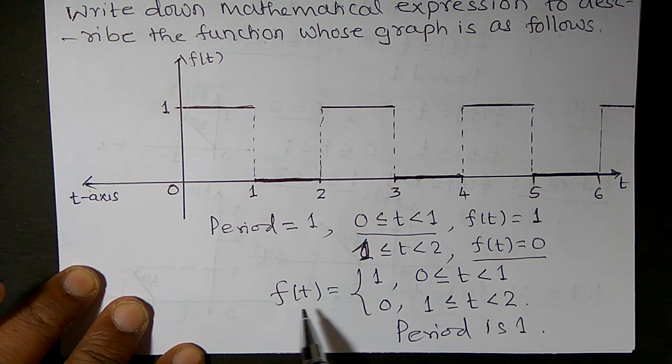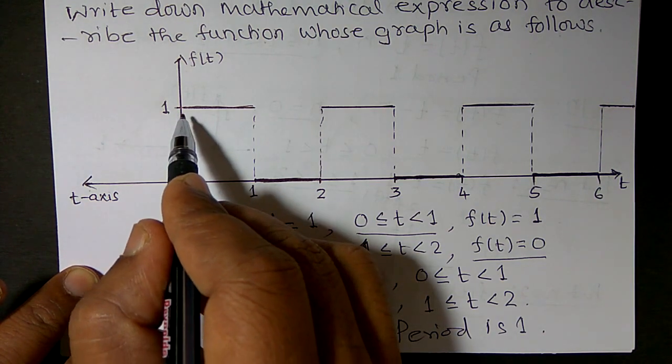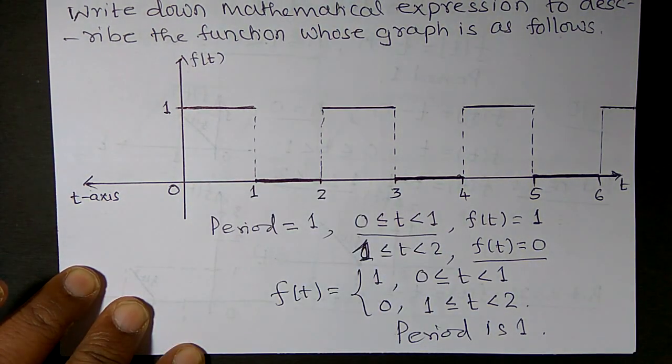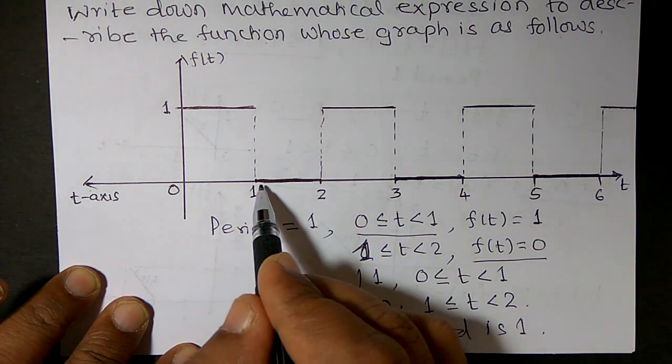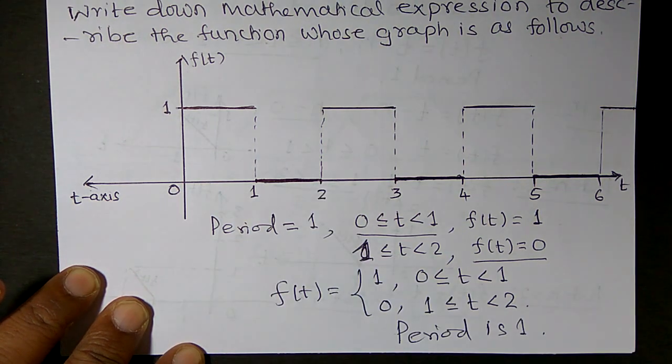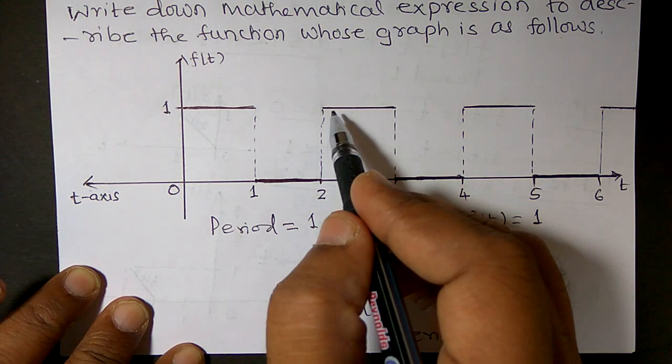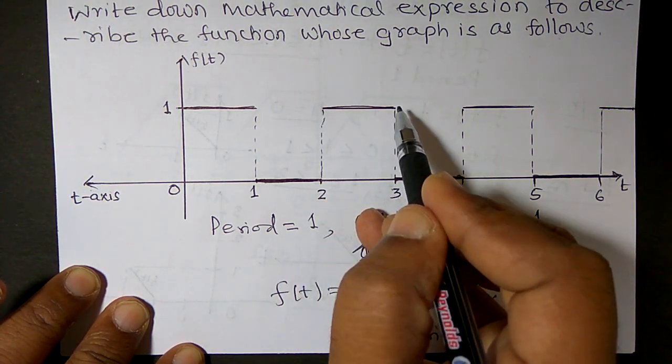So it means you will get 1 in this interval. I hope we can obtain this graph. You will get equal to 0 in the interval 1 and 2. I hope you will get this part of the graph. And the same thing will repeat for each and every period. Again you can obtain this graph.